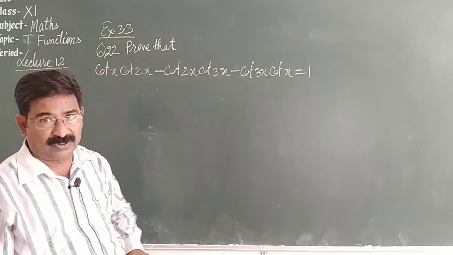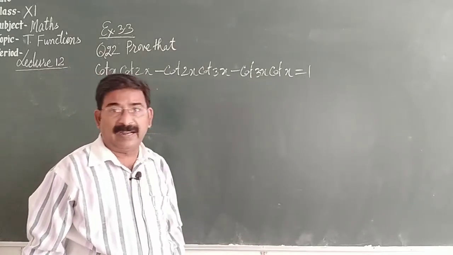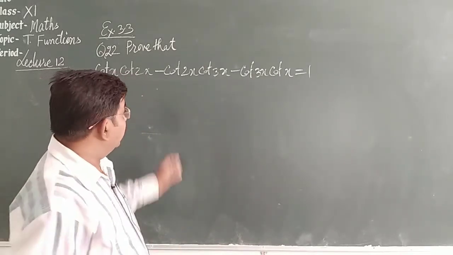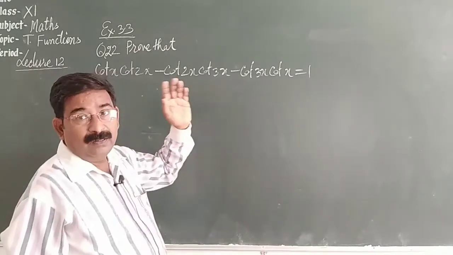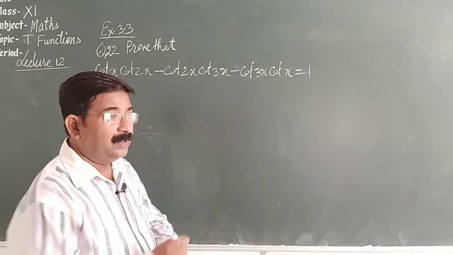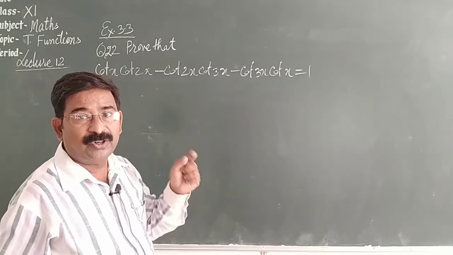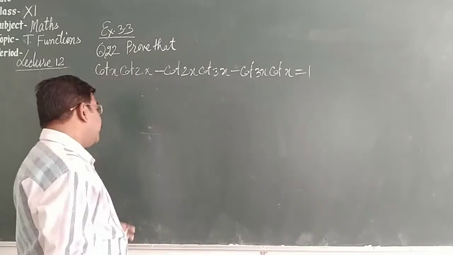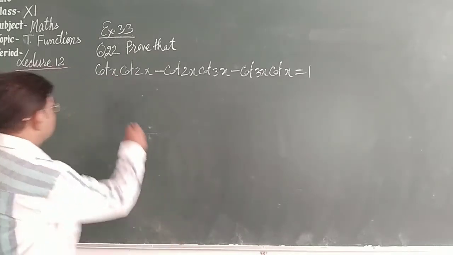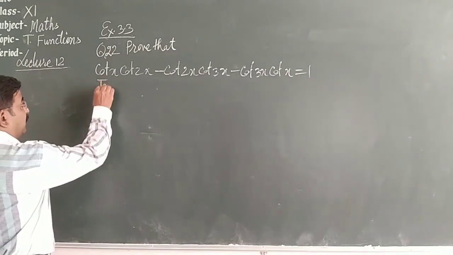This is a very lengthy process for you. I am giving the idea. It can be broken into cot or sine. The best method of this question, the shortest method I am giving you, take tan 3x. Taking like this, see, I am writing.